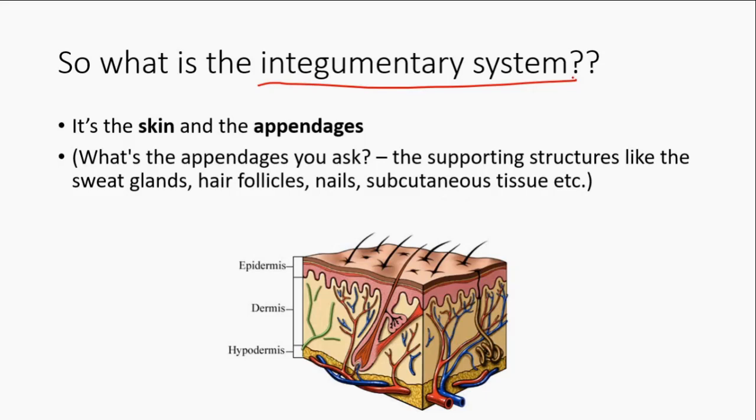So one of the other systems that are in the body is the integumentary system, and it comprises the skin and the appendages that come with the skin. If you think of the cardiovascular system, you're thinking mainly of pumping blood around the body.